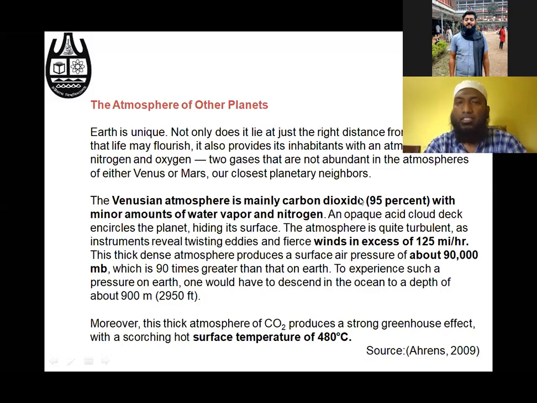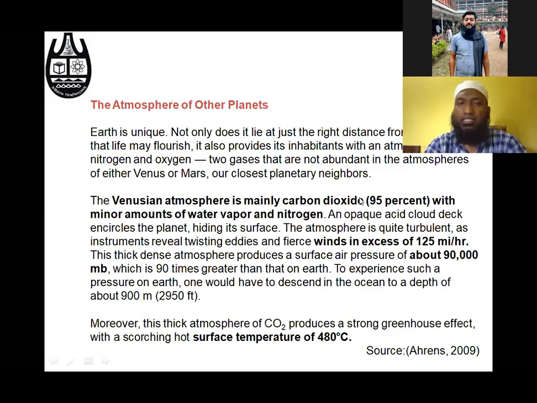One is nitrogen, another is oxygen. They are the more abundant gases in the atmosphere. Similarly, other planets have different sets of major gases. Although they may also have oxygen or nitrogen, maybe their percentage is very low.